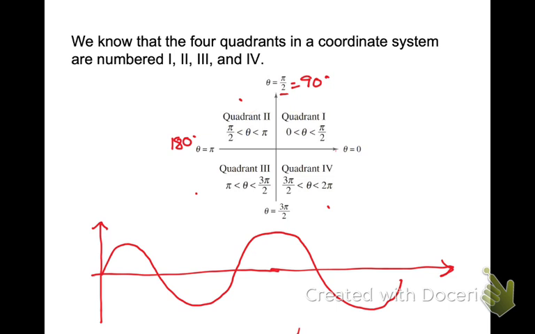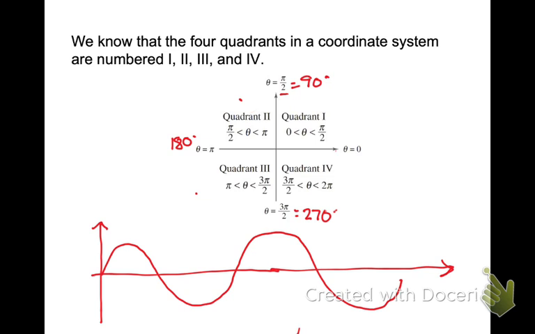When I hear 3 pi over 2, you'll get 270. That's going to take a minute because that's not one we normally use a lot. From 0 to pi over 2, which is 90, is the first quadrant. From pi over 2 to pi is the second quadrant. From pi to 3 pi over 2, or 180 to 270, is the third.